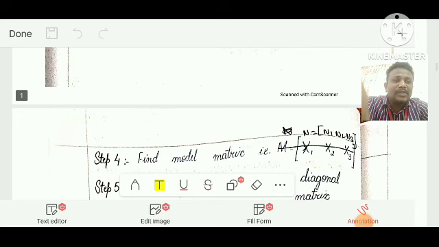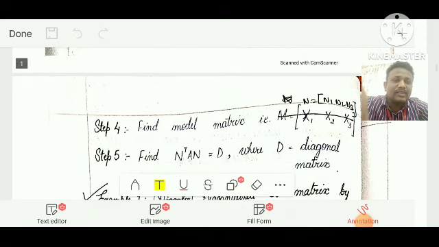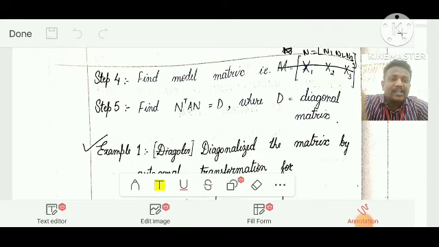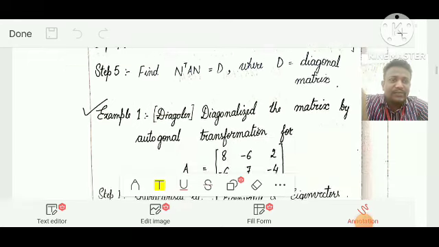By using this formula we can find the normalized matrix. After getting the normalized matrix, we have to reduce the given matrix to a diagonalized matrix. To get the diagonalized matrix, our formula is N transpose A N is equal to D. By using this formula we can diagonalize our given matrix.